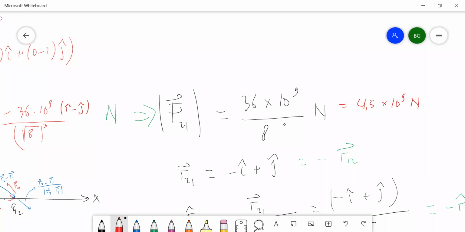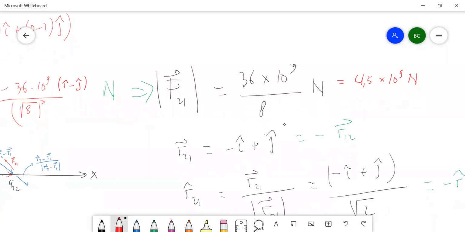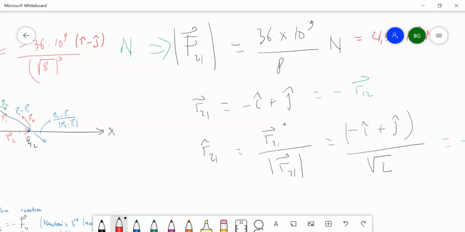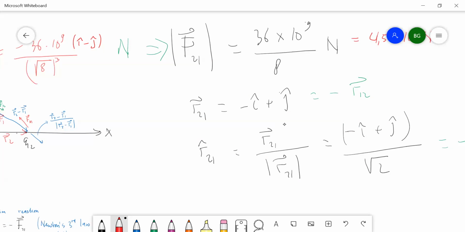Is there any question? If we consider this vector R21, it is like this, with j minus i.